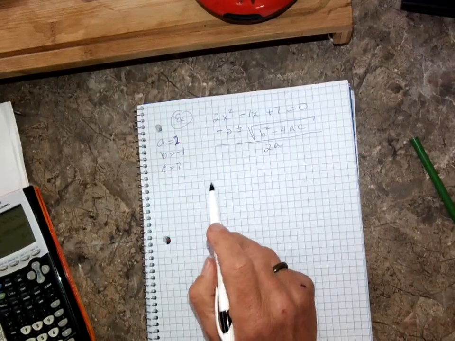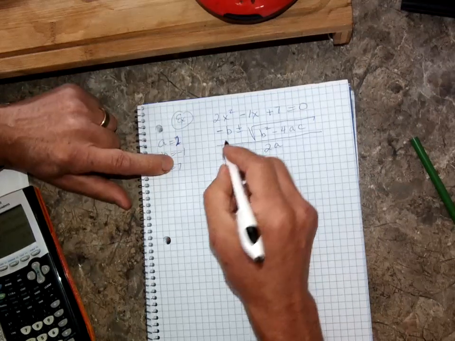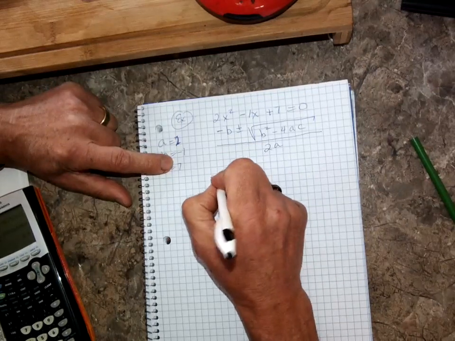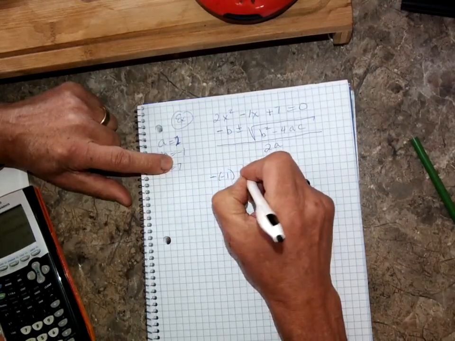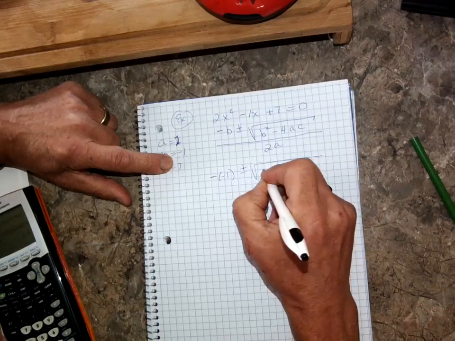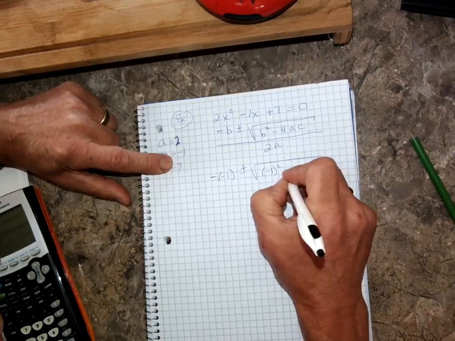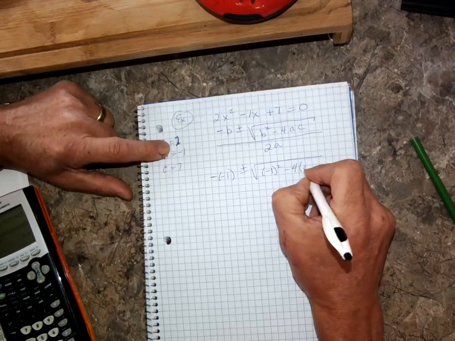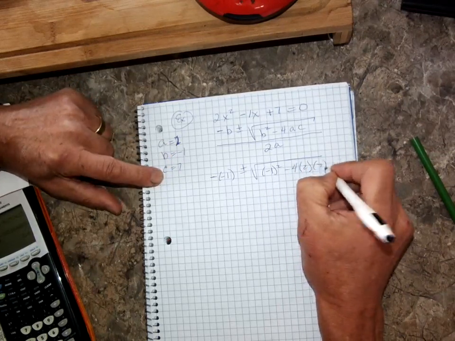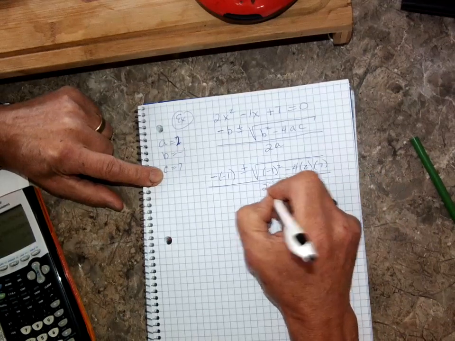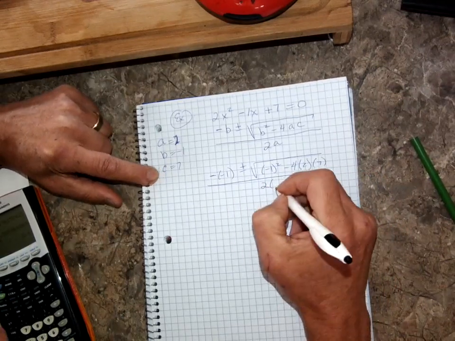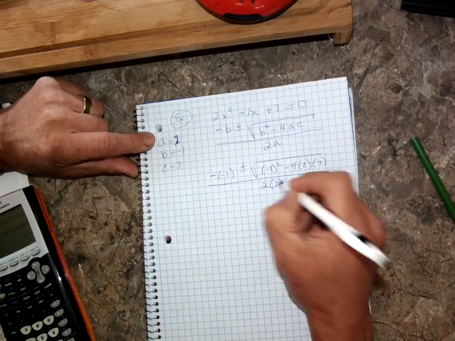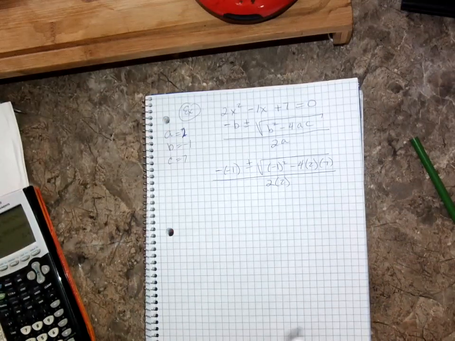Okay, so let's plug them in. So, negative B, so I'm going to have a negative, negative 1, double negative, plus or minus, big square root of negative 1 squared minus 4 times A, which is 2, times C, which is 7, all over 2 times A, which is 2. All right, double negative, so you have to be careful.